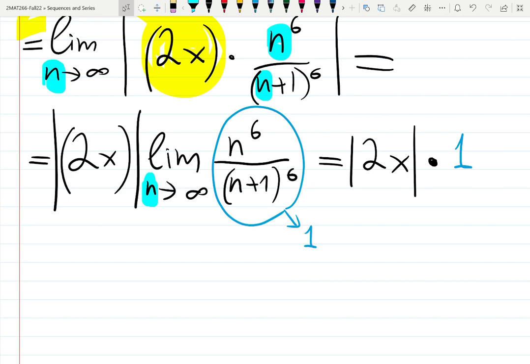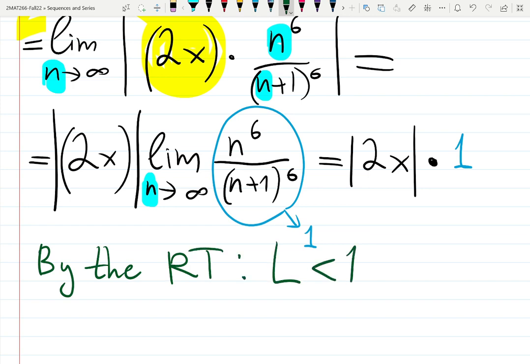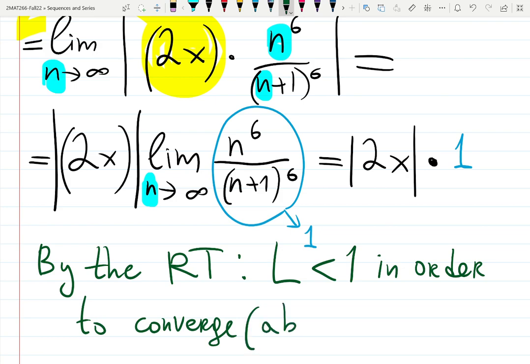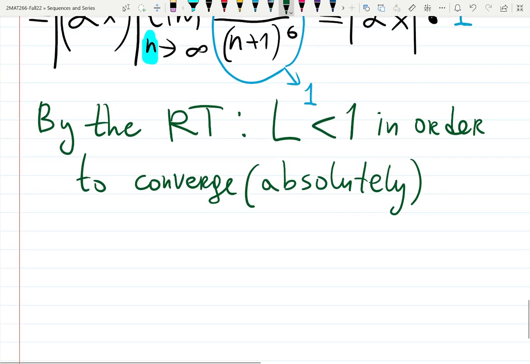That should be less than 1 for the ratio test to work. The ratio test says L must be less than 1 in order to converge. And if that happens, we even say it converges absolutely, which means by absolute values.